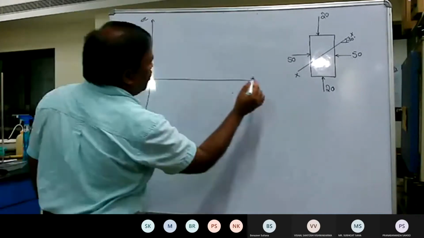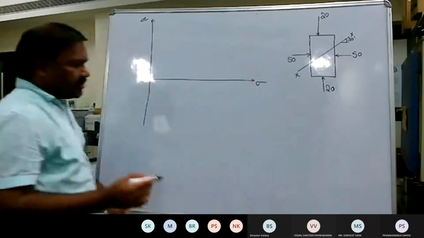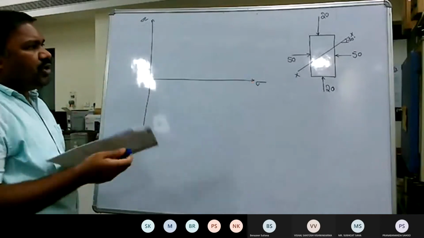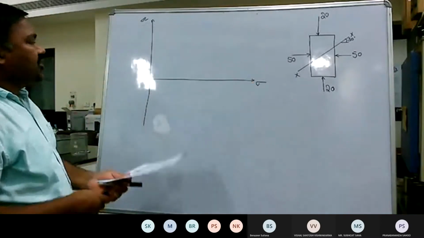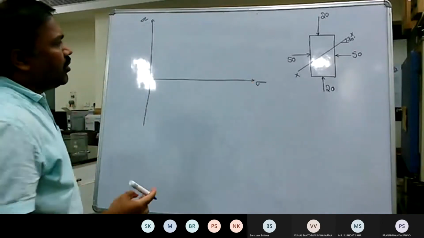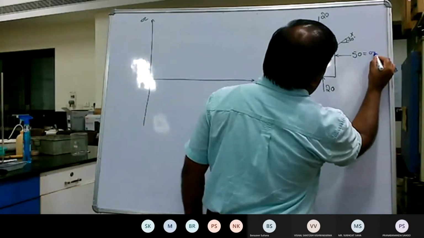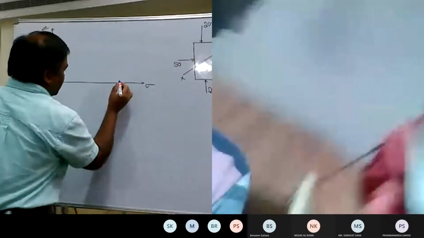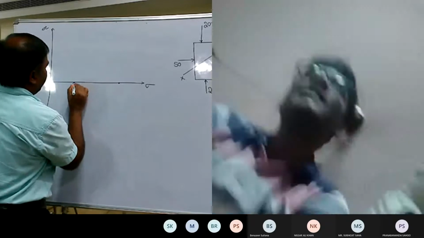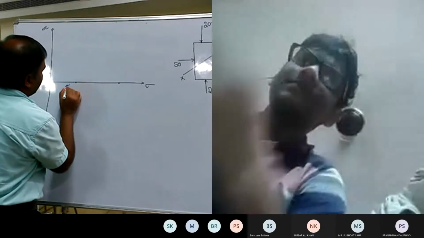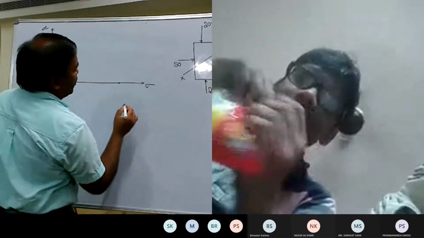So this is tau and this is sigma. I don't need to re-emphasize again. No shear stresses, so therefore this is sigma 1 and this is sigma 3. Sigma 1 is 50 and sigma 3 is 20.